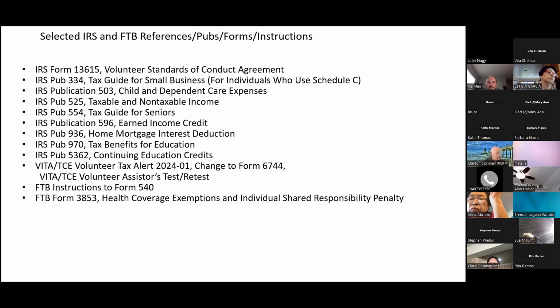All right, then we talked about Pub 334. That publication is revised every year, and we're talking about it for Schedule C folks. This is another go-to document. It talks about record keeping, income, expenses, and credits. I'm not sure about St. Killian's, but at my site in Garden Grove, I think about 10% of our taxpayers have Schedule Cs.